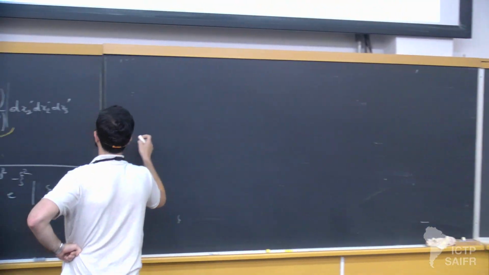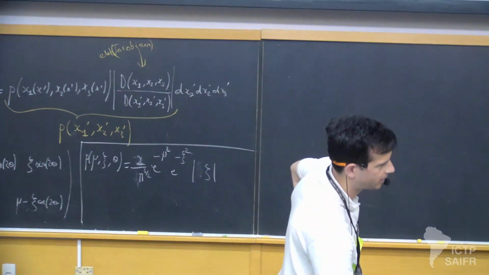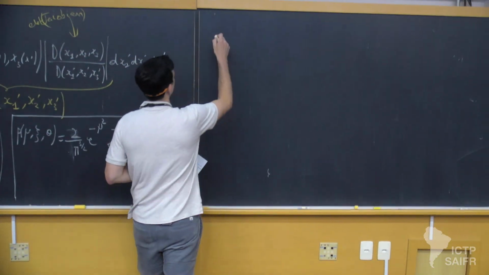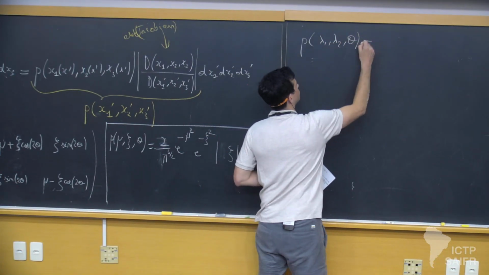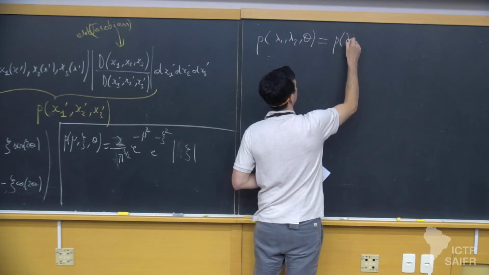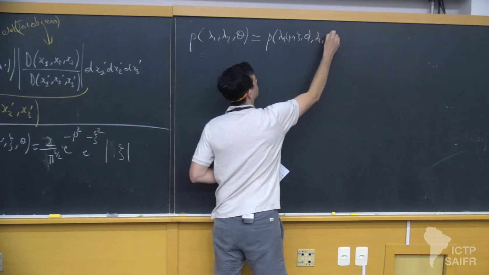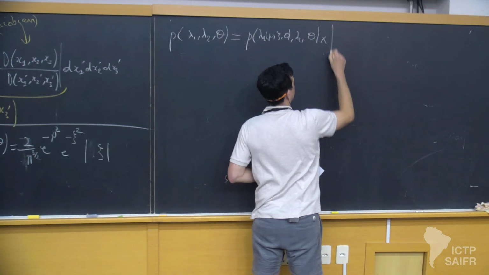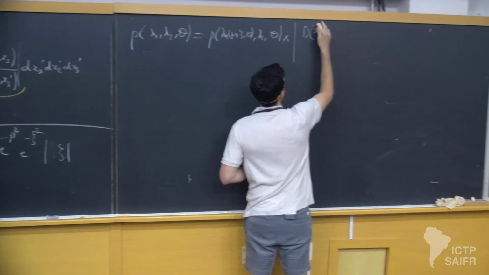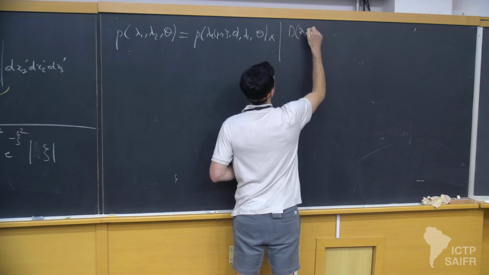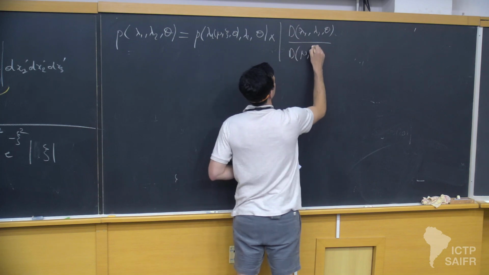All right, so first of all, to change to the distribution of the eigenvalues, I might have to do again the same change of variable. I would write p of lambda 1, lambda 2, theta is equal to p of lambda 1 of mu, psi, and theta, and lambda 2, same way, theta, times the absolute value of the determinant of the Jacobian of the transformation, which is d lambda 1, lambda 2, theta over d mu, psi, theta.